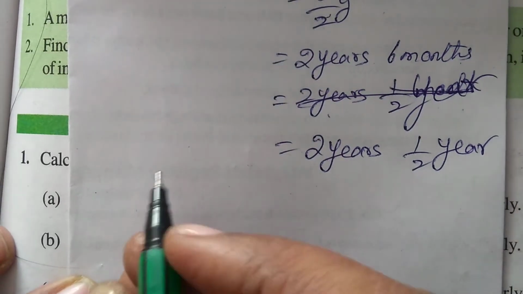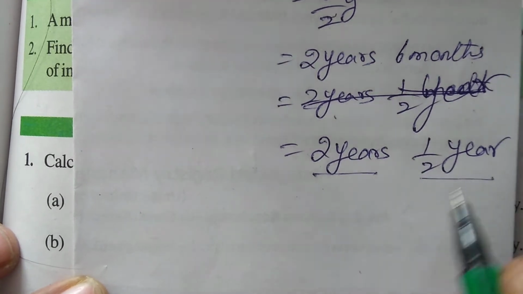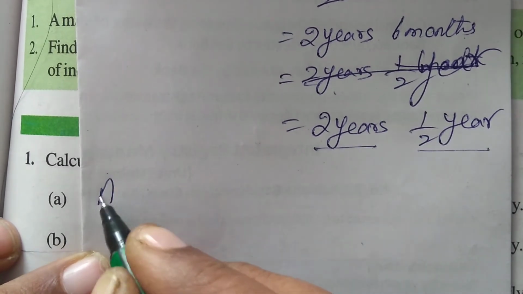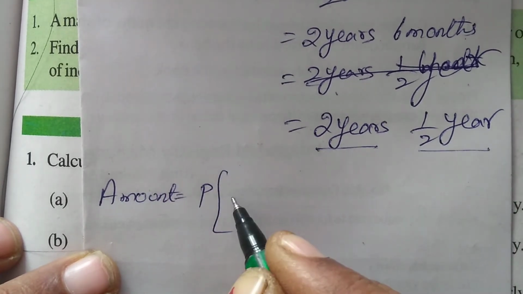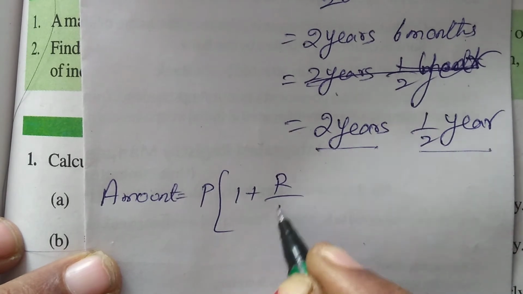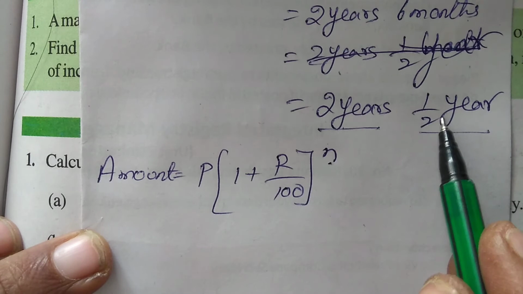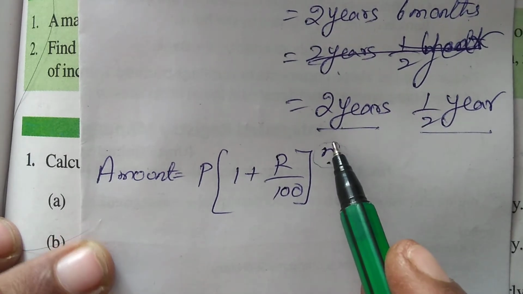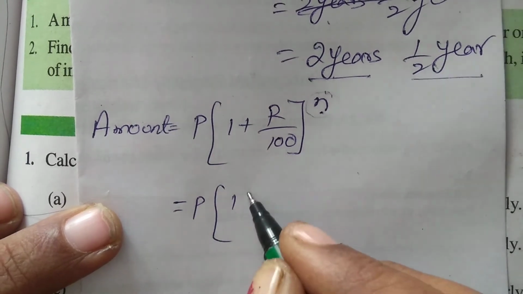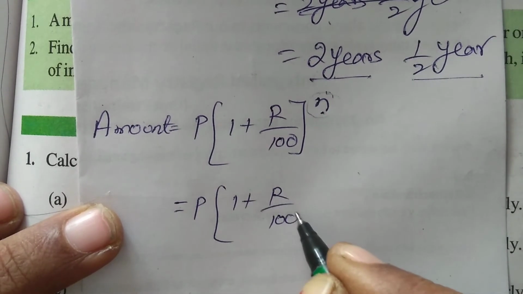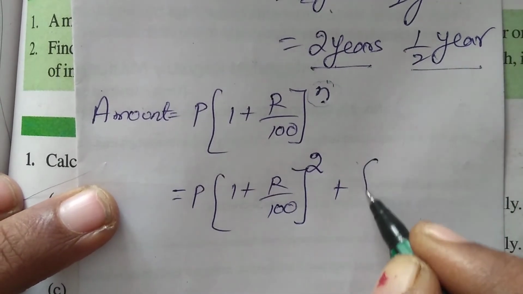That is, amount is equal to principal into 1 plus R by 100 to the power of n. But this n is 2.5 years, and n we cannot take in decimal. So we will split it: P into 1 plus R by 100 to the power of 2 years first, multiplied by 1 plus R by 100 to the power of half year.